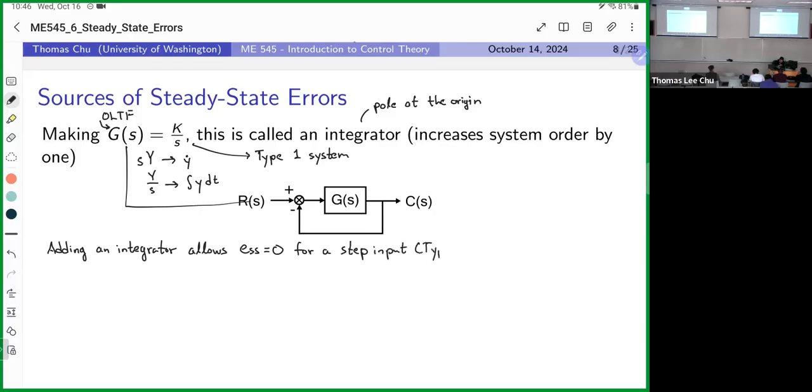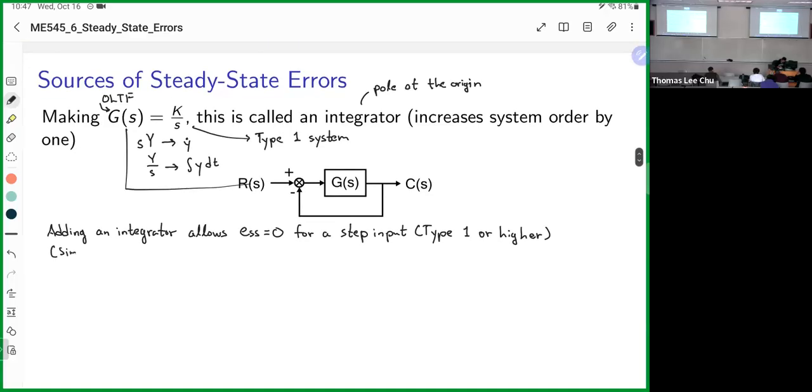And this is for type 1 or higher systems. And this is what a PI controller does. A PI controller adds an integrator. It also adds a zero, but the point of a PI controller is to increase the system type by 1 so that your steady state error goes to 0. Adding the zero part will be something that we'll talk about in chapters 8 and 9. This is similar to a PI controller.